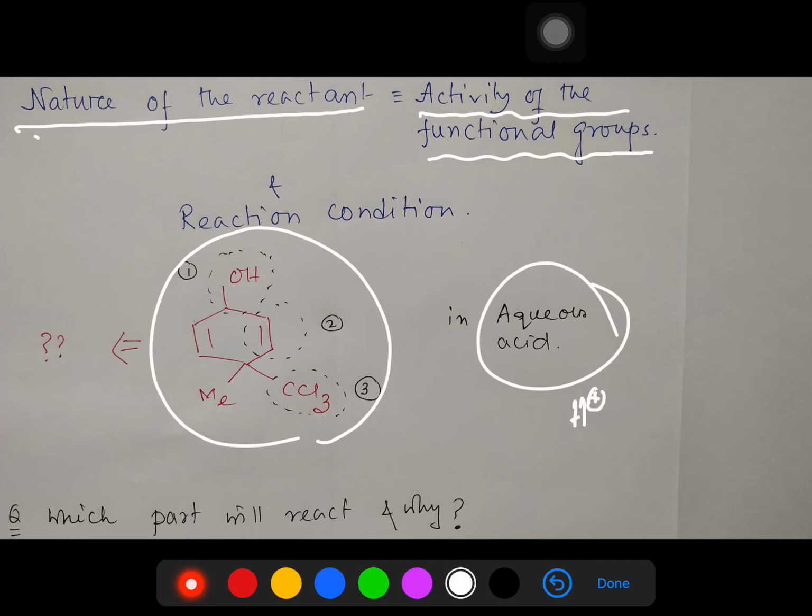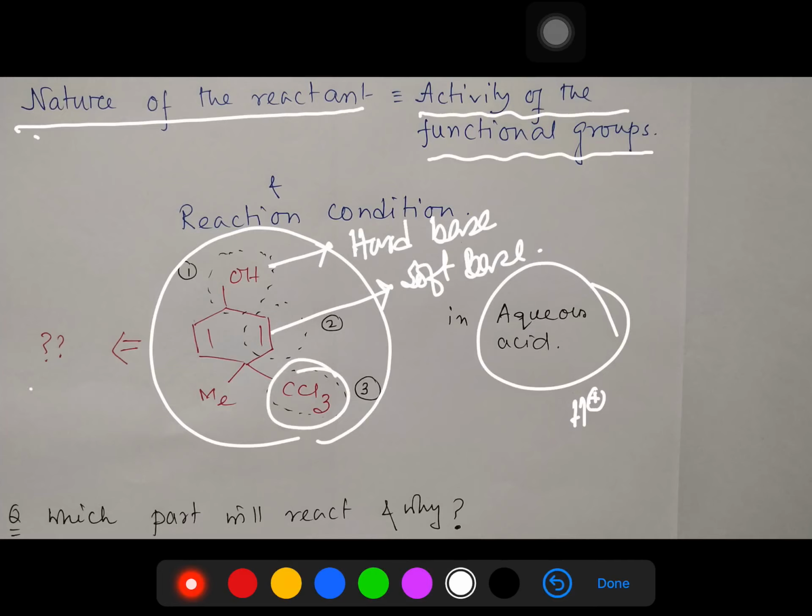But in this case, what type of functional groups are present? There is one hydroxyl, which you may consider a hard base for proton, and an alkene double bond, which you may consider a soft base, and this CCl3 is another functional group, but logically it should not participate directly.